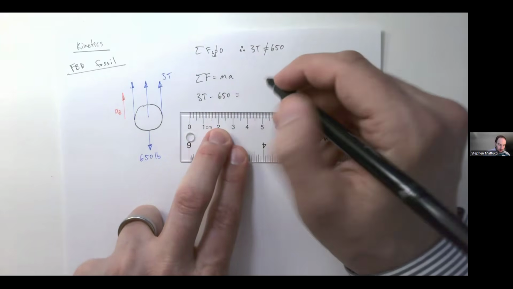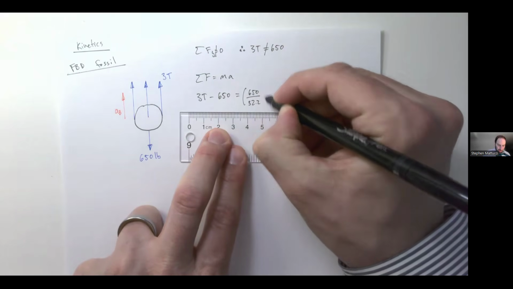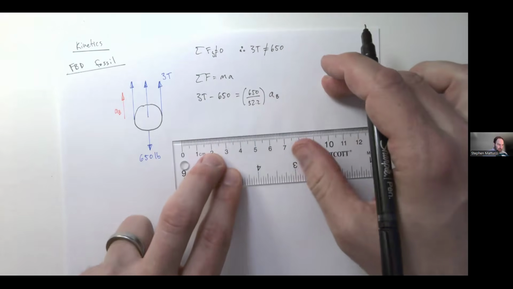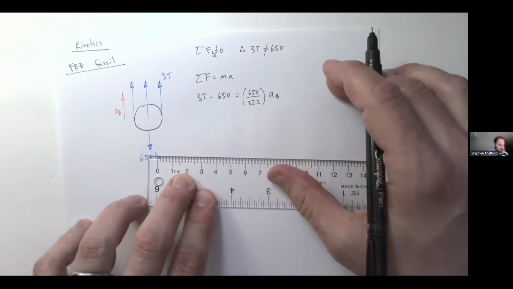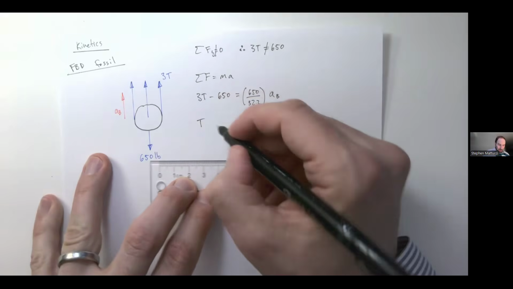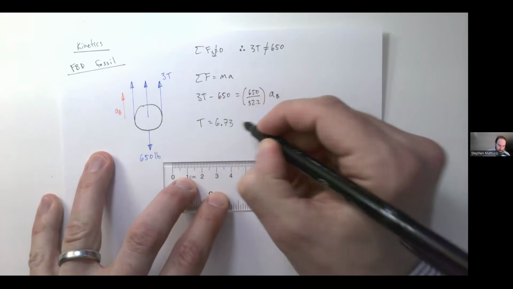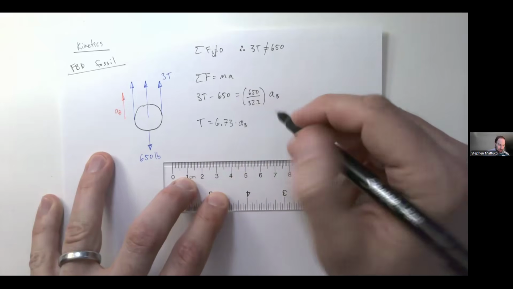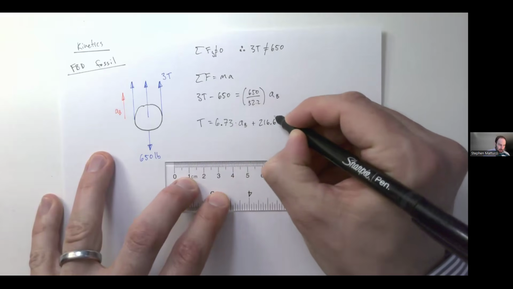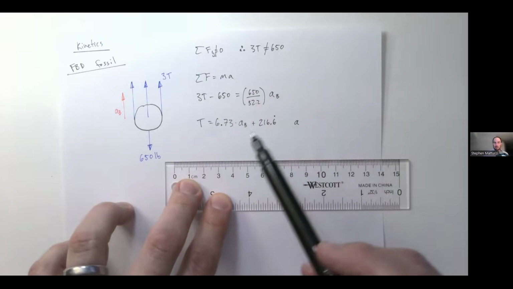This is going to be equal to our mass, which is 650 divided by 32.2, times acceleration of B. And so tension is equal to 6.73 acceleration of B plus 216.6.